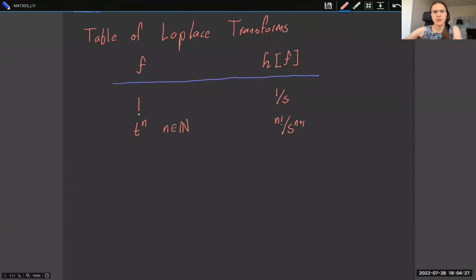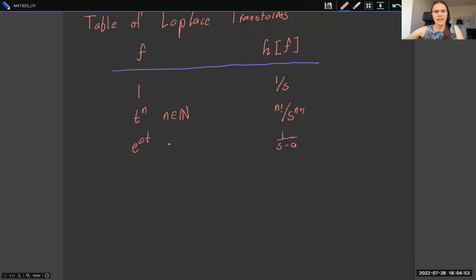And in particular, 1 is the n equals 0 case of this. But also, if we have e to the at, then this transform is 1 over s minus a. And 1 is, again, the a equals 0 case of this. So this is a special case of both of these.